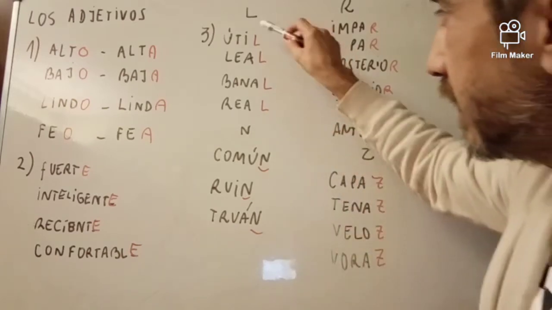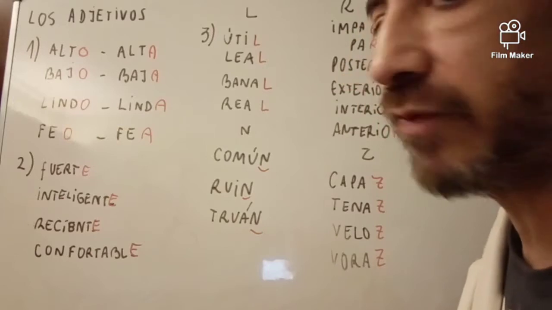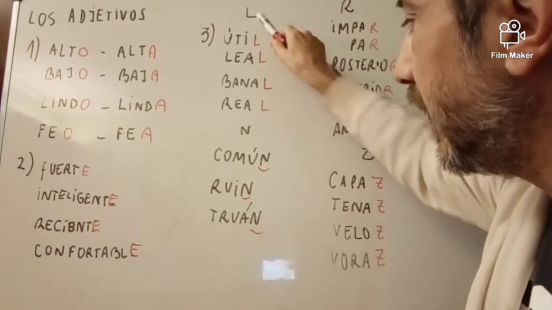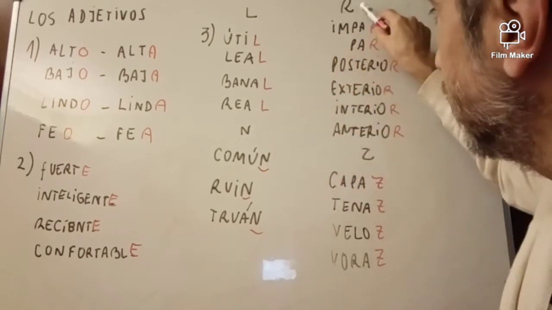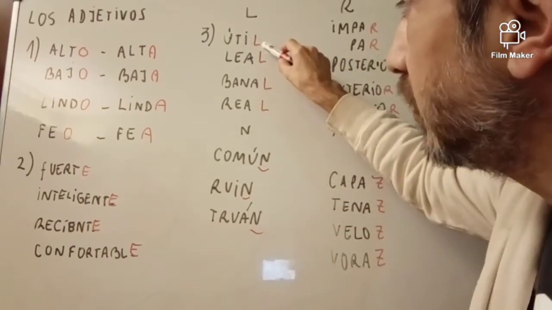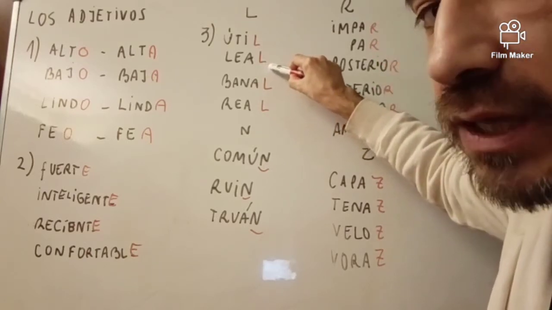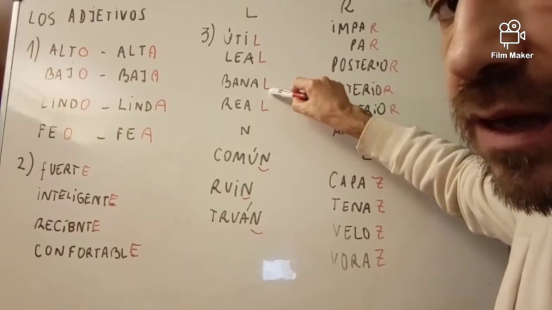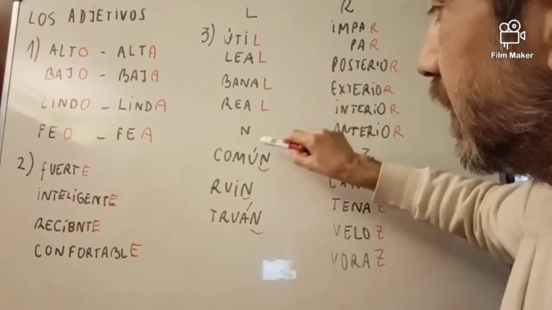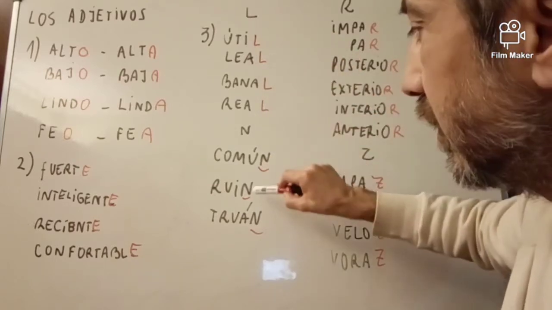These are the only 4 consonants in which we'll find adjectives in Spanish: L, N, R, Z. Útil, useful. Leal, loyal. Banal, vain. Real, real. With N, común, common.